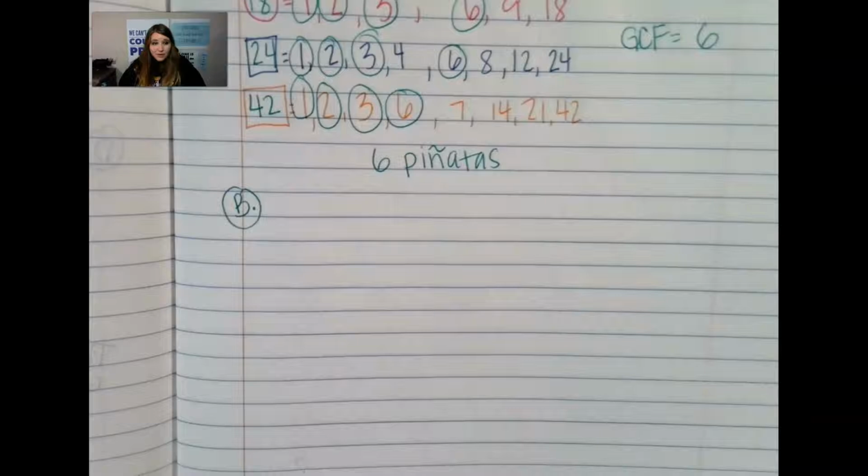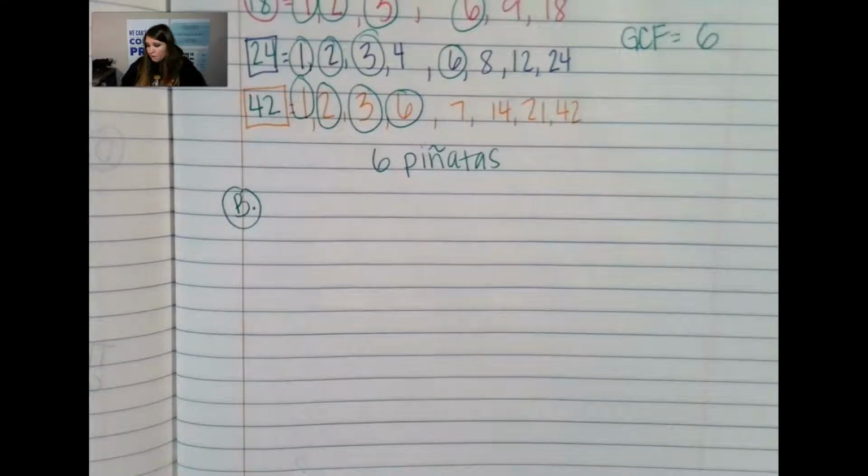It's a lot of food to put on these plates. And we want identical groups of appetizers because, well, it's math. So what's the greatest number of platters that we can make?